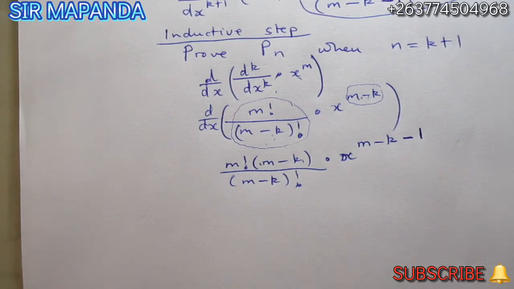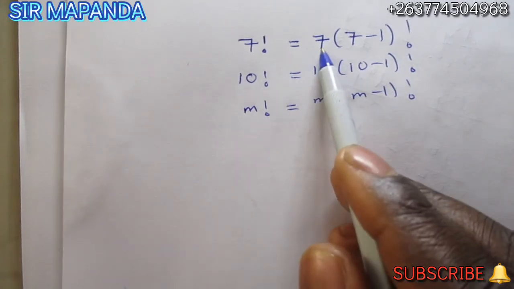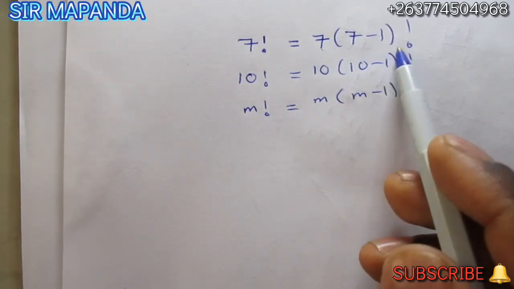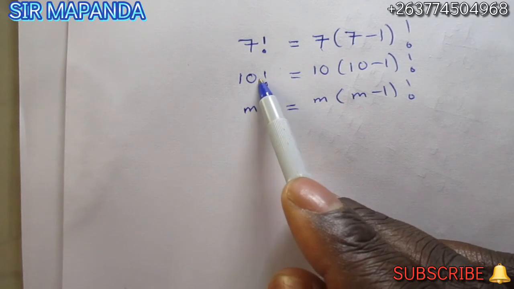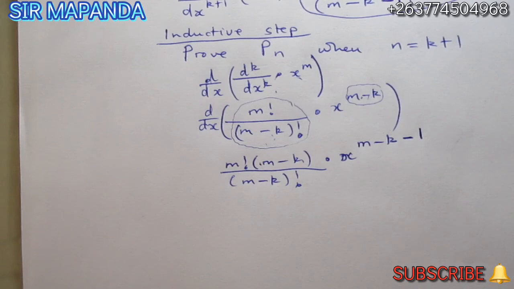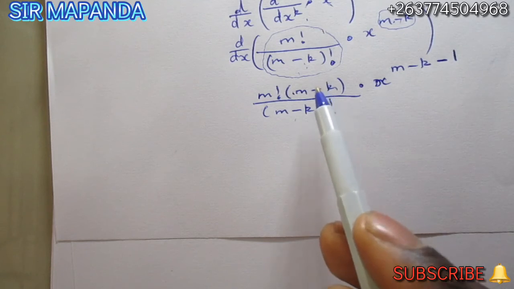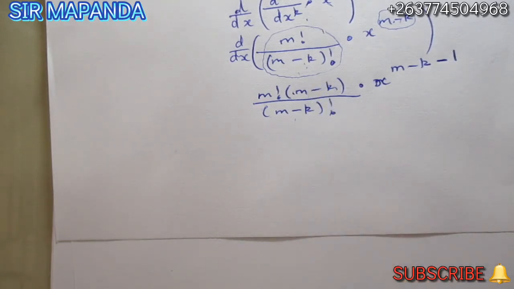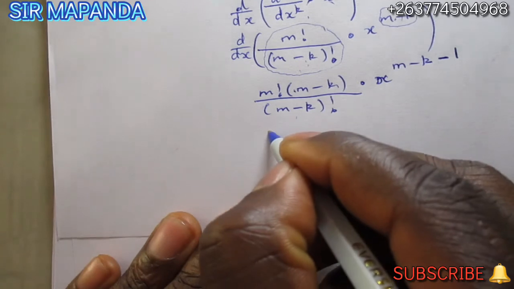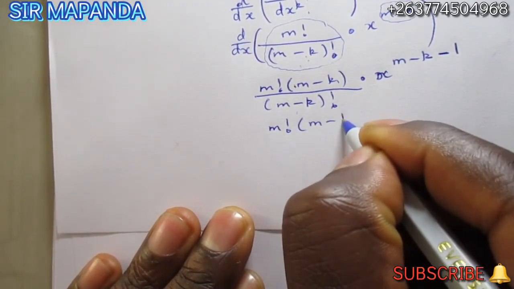Likewise, I told you on the basic step that 7 factorial is likened to 7 open bracket 7 minus 1 factorial, and 10 factorial is likened to 10 open bracket 10 minus 1 factorial. So we can do this on our denominator because our goal is we want the bracket above to cancel out with the bracket below. So let us copy and paste the numerator.